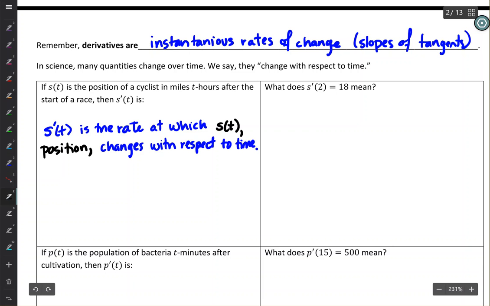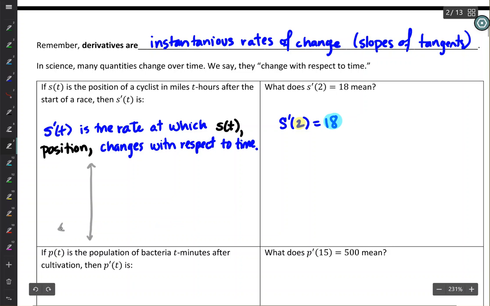So what do we mean by S prime of 2 is 18? Remember, S prime of 2 is the slope of the tangent line to the curve S when t is 2.